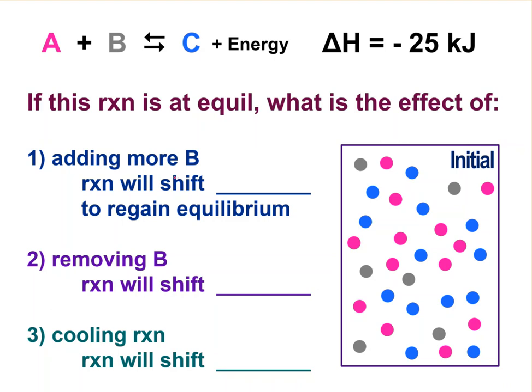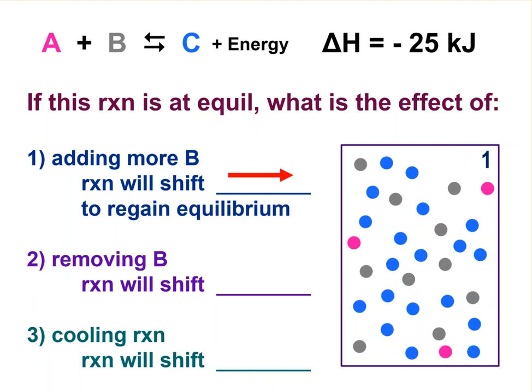If I shift by adding more B, then to get rid of that B, it will shift to the right. And if we look at our picture over here, what that looks like is that you're going to have more blue. Now you might think that the equilibrium, or Kc, the equilibrium constant, has changed.